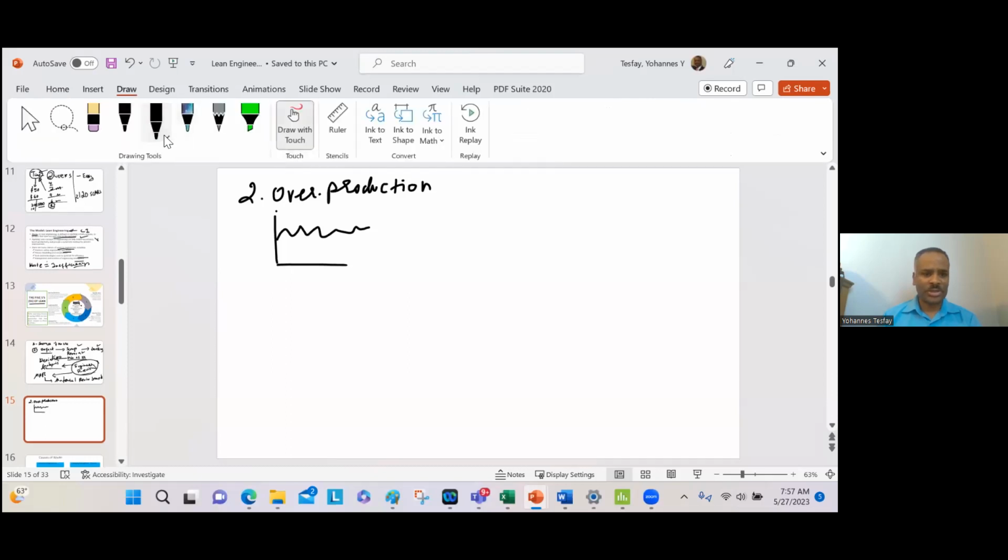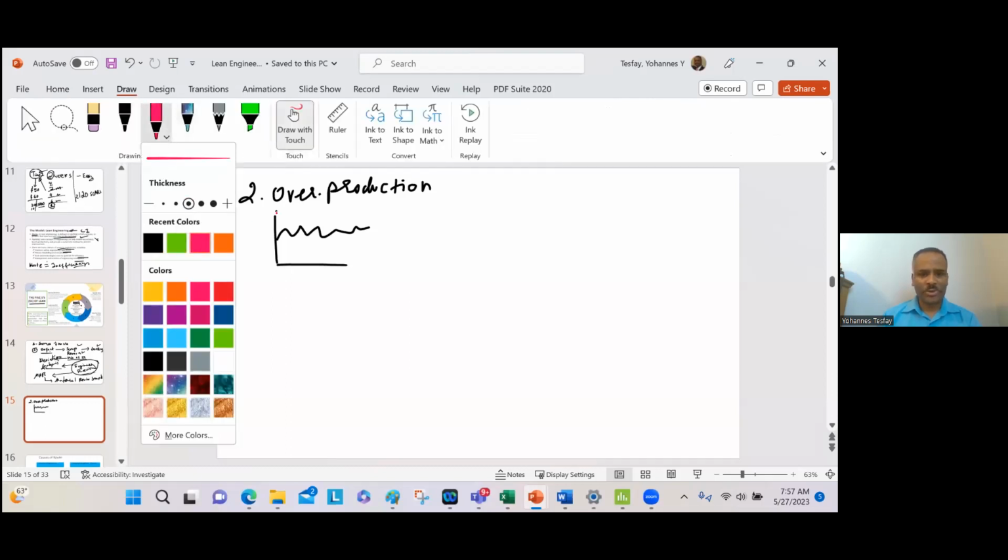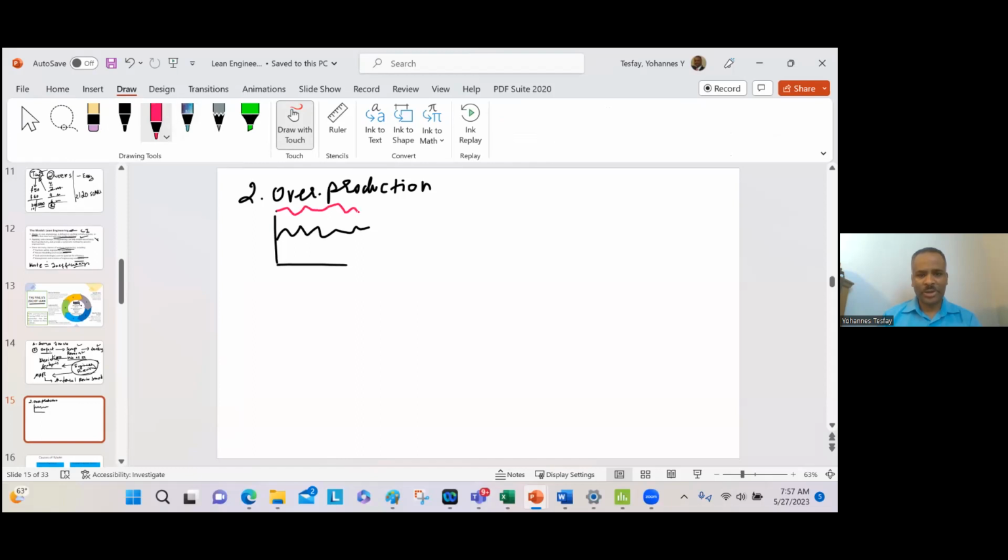The range from here to here is overproduction. That is overproduction.